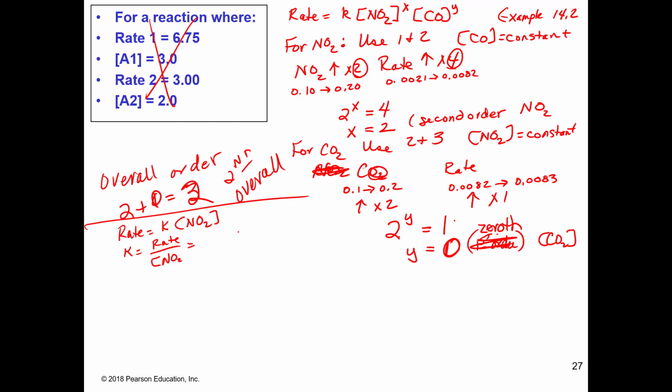I'm just going to take the first one like I normally do: the rate, 0.0021 from experiment 1, divided by [NO2], which is 0.10. Big difference. So that's 0.21 times 10, molar minus 1, second minus 1. Okay, so that's the k. That's how I got k.